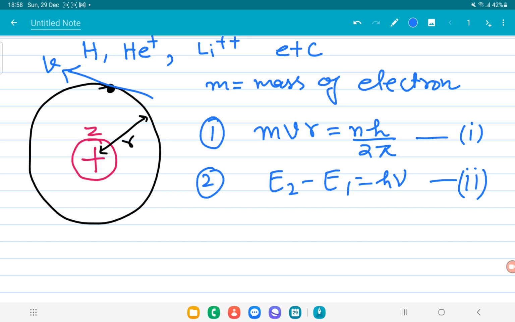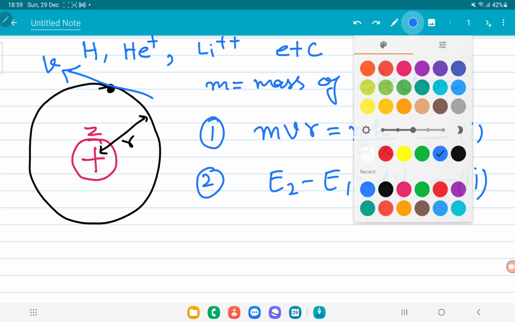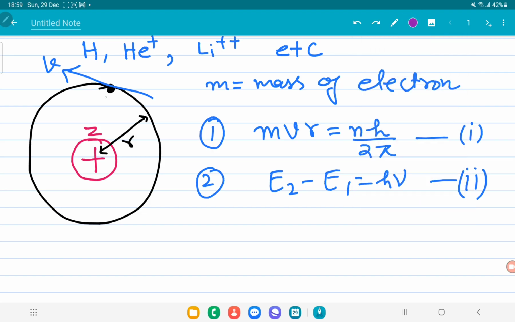Now, if this electron is moving in a circular orbit, then it must have a centripetal force. Anything that moves in a circle must be experiencing a centripetal force. Electron is a negatively charged particle and nucleus is a positively charged particle, so there is an electrostatic force between them.